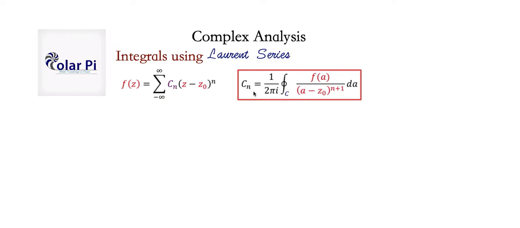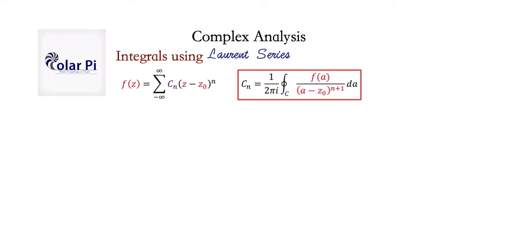In fact, if we multiply both sides of this by 2 pi i, then the integral is isolated, and so you see how we can go about using the c sub n's to do integrals.